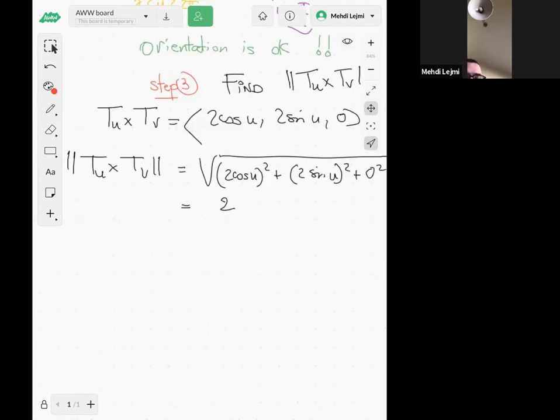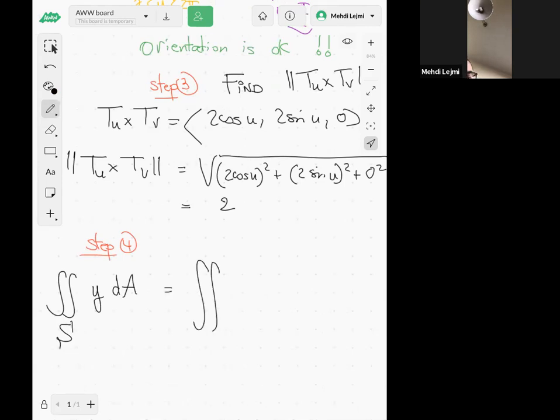So now, in the last step, I can evaluate my scalar surface integral. It's the integral of y dA over S. Remember, phi of (u, v) was (2 cosine of u, 2 sine of u, v). This is supposed to be my x, this my y, and this my z along S. So this y is going to be 2 sine of u.